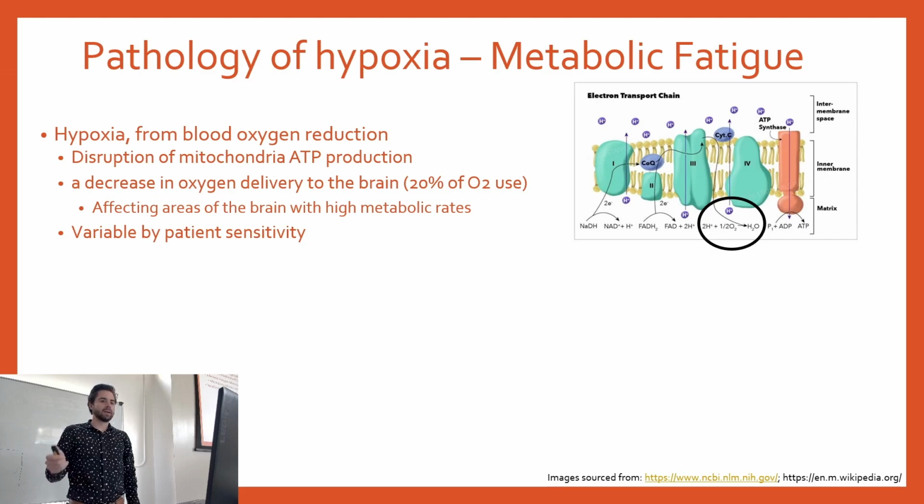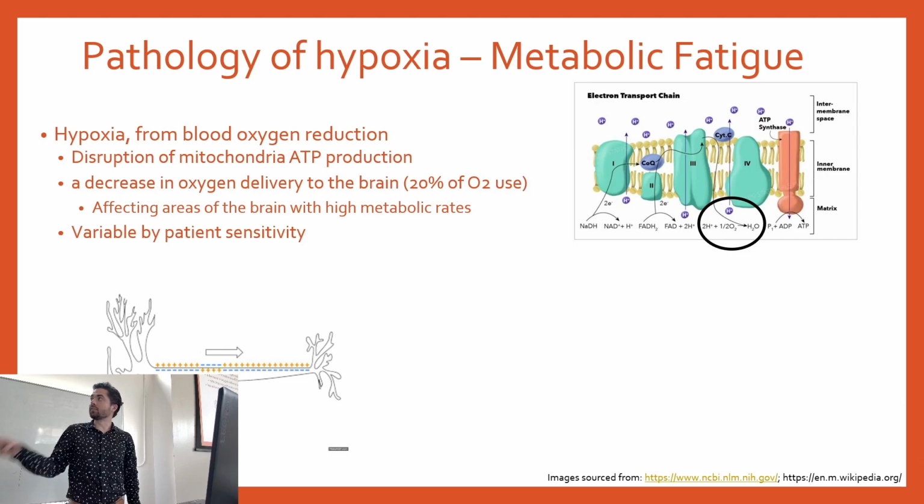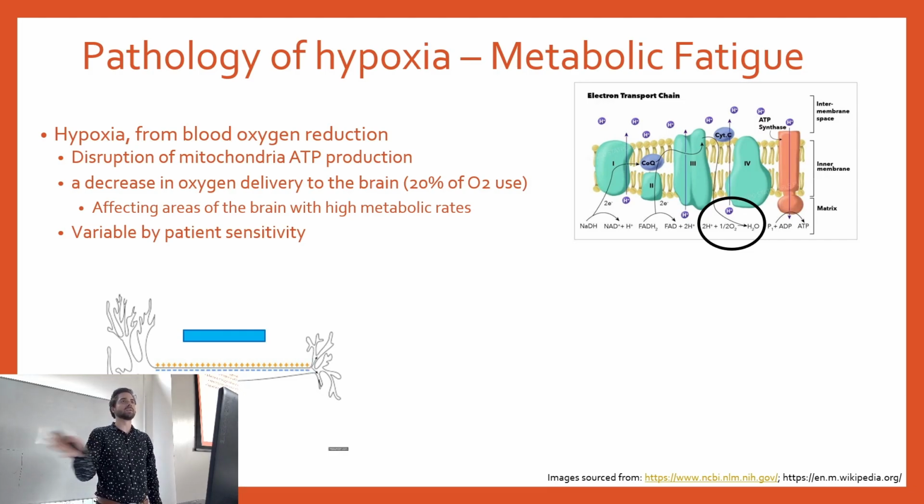So in monitoring this, we want to look into how oxygen affects the brain, and we can see on the neuron here, when our oxygen levels deplete, our ATP, of course, isn't able to produce as easily, and we get a widespread hyperpolarization across the brain.